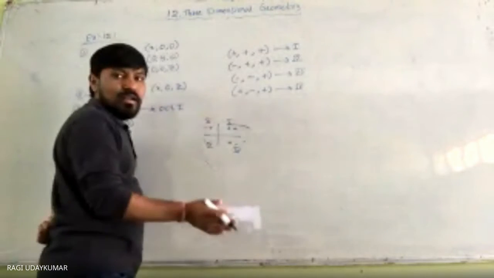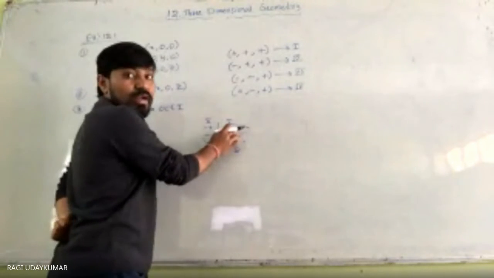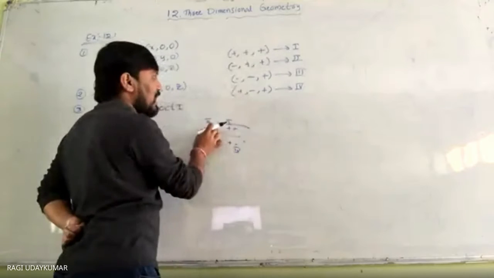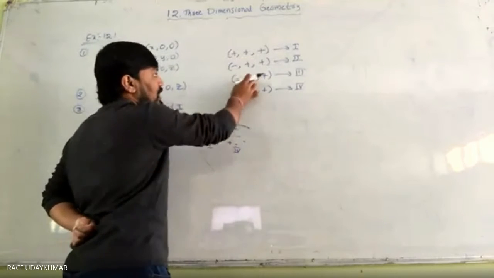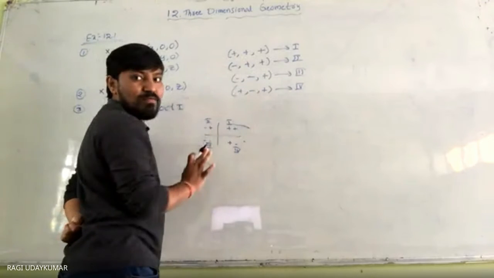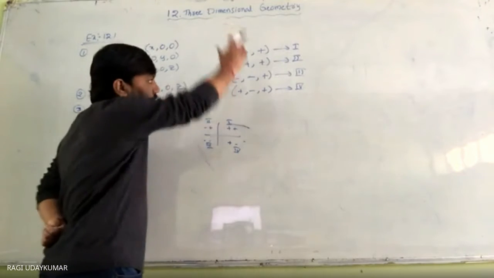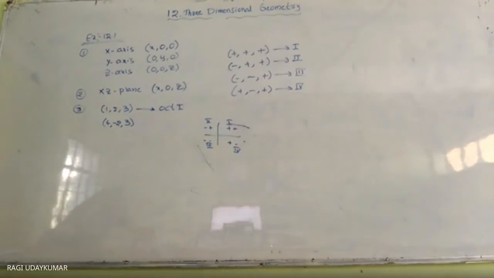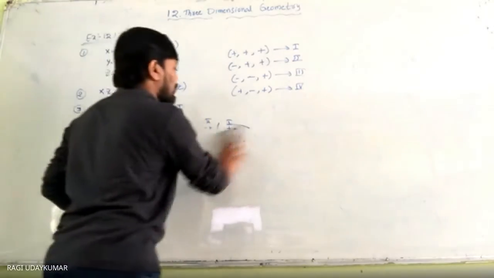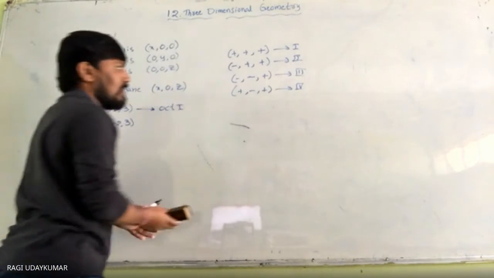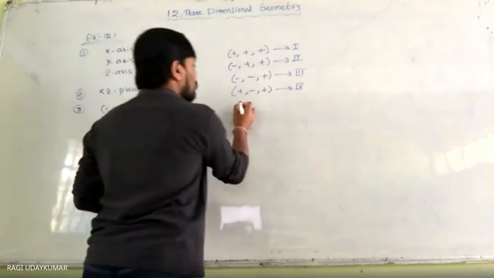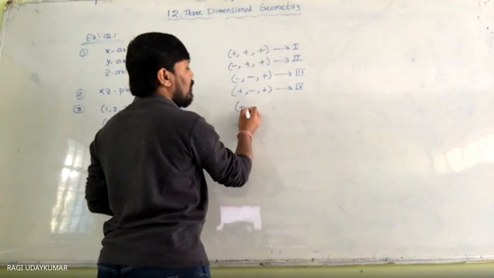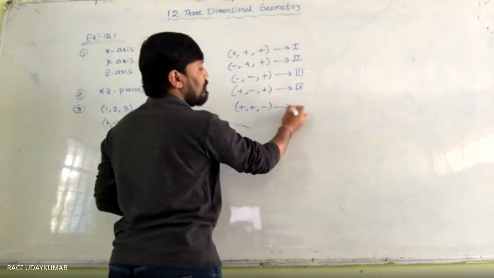In the same order, see here the first quadrant, two-dimensional: plus plus, minus plus, minus minus, plus minus. Like this you can list them out, and with the help of that you can easily write it. Next, the fifth one in the same way: plus plus minus is the fifth octant.